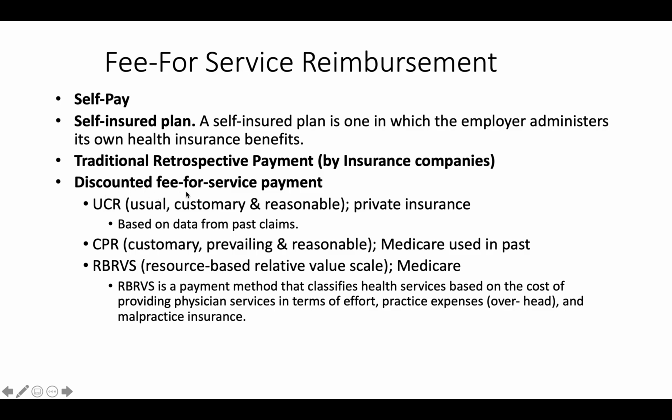What is called discounted fee for service payment, UCR, stands for usual, customary, reasonable. It is private insurance. It is based on data from past claims, but it pays for the usual, customary, and reasonable service. So, for example, if a patient gets sick, has appendicitis, and goes to the hospital, he receives treatment for appendectomy.